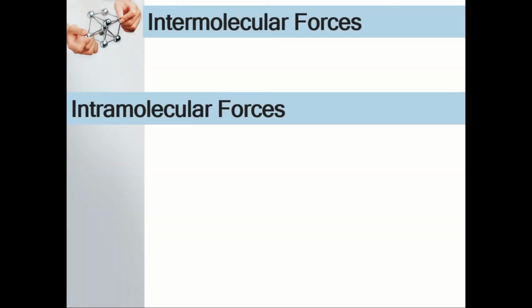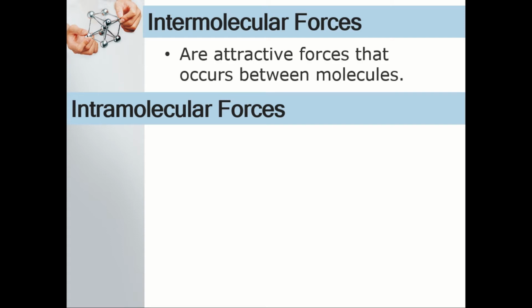We actually have 2 types of force: the intermolecular forces and the intramolecular forces. What is the difference between the two? When we say intermolecular forces, these are attractive forces that occur between the molecules.